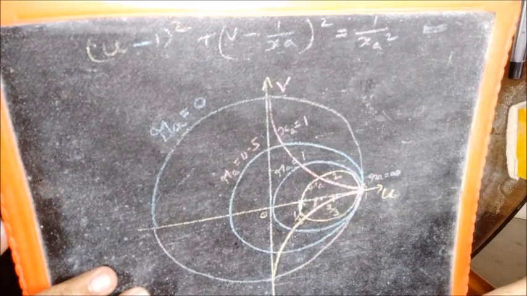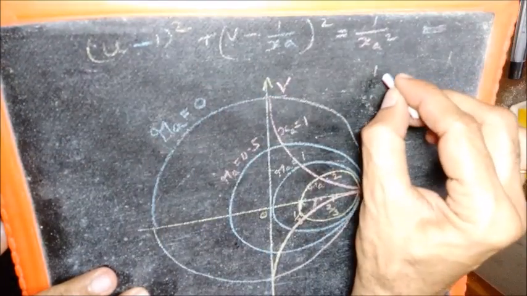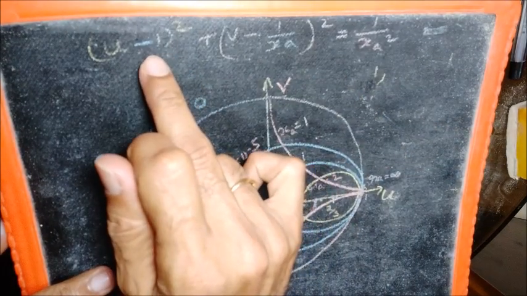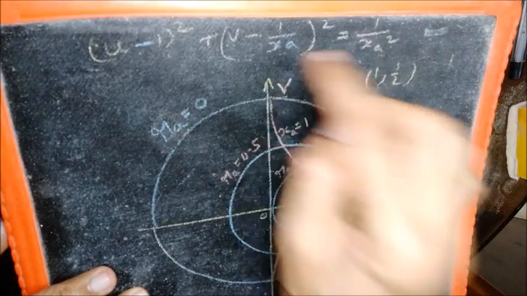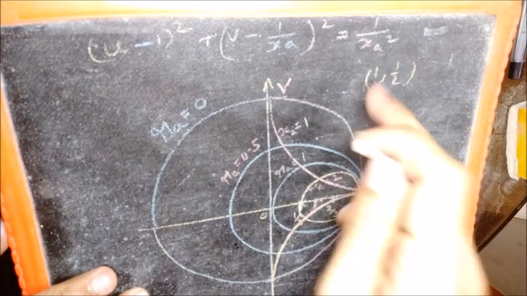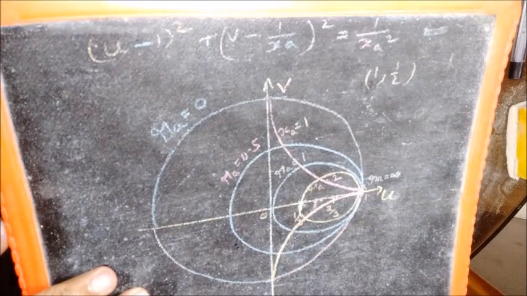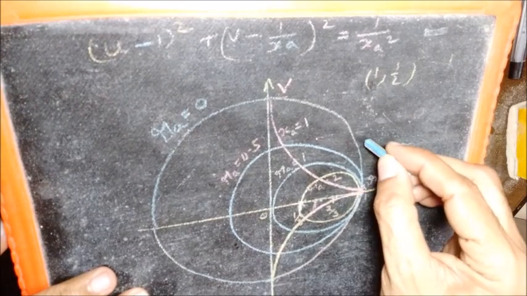Now quickly let us go for XA equal to 2. If XA is 2, the center shifts to 1 and 1 by 2, and radius will be 1 by 2. So center shifts here.